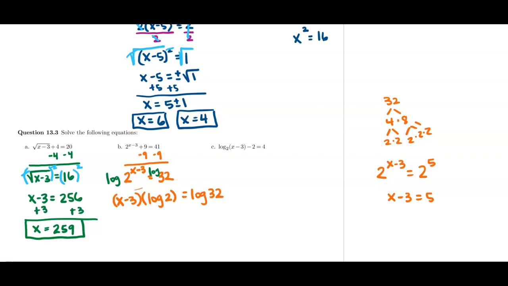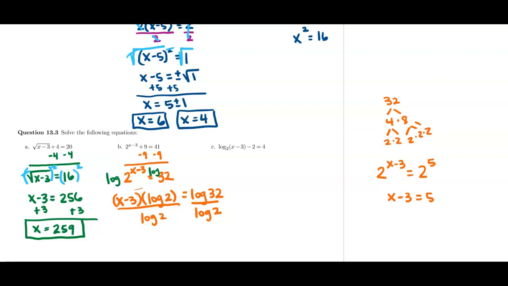And then when you divide by log of 2, what's log of 32 divided by log of 2? It should just be 5 because it's going to be the same as that exponent now.